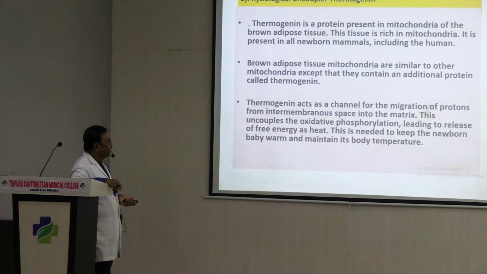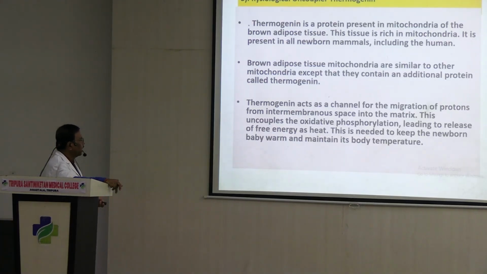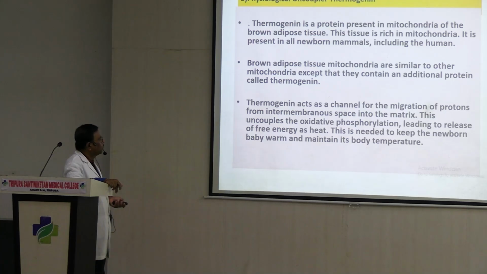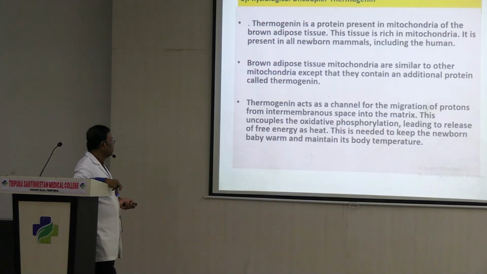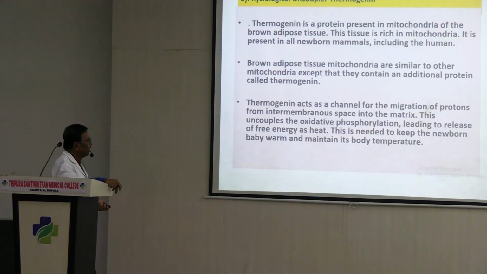Thermogenin acts as a channel for migration of protons from the intermembrane space into the matrix. This uncouples oxidative phosphorylation, leading to release of free energy as heat. This is needed to keep the newborn baby warm and maintain the temperature.